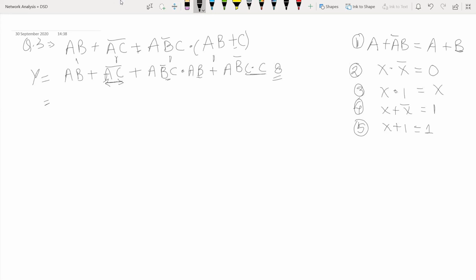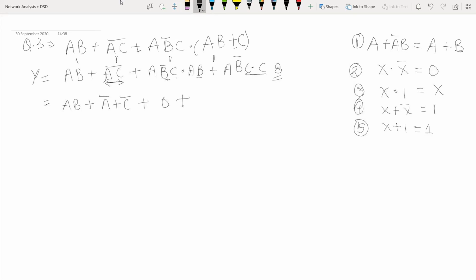So here I will get AB plus, applying De Morgan's to this term, A bar plus C bar plus, if I rearrange these terms using the commutative property, B dot B bar, and B dot B bar is 0, since X dot X bar is 0 according to AND law. So this term comes out to be 0 plus this.